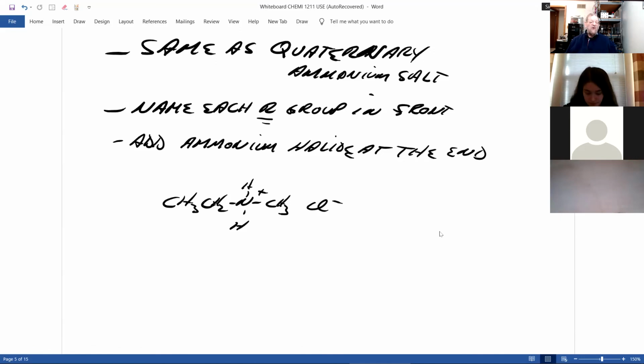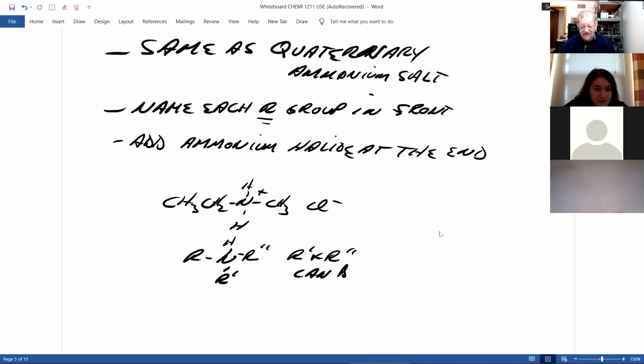And the question is, what's the common name for the following molecule? Well, if we look at this, it's got this structure. Don't forget the cation, which I almost did.